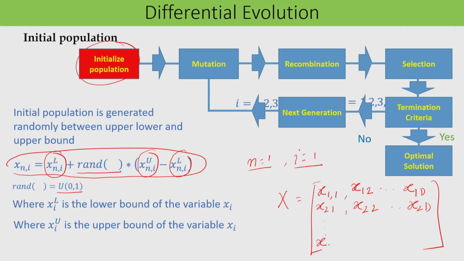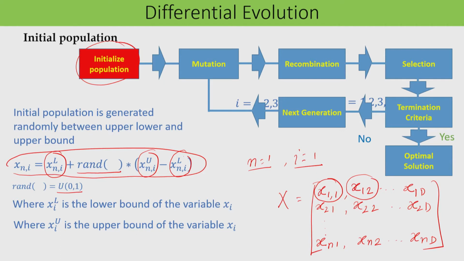Similarly, I can write xn1, xn2 and then xnd. So, n equal to 1, i equal to 1 means I am generating this particular value. Then similarly, n equal to 1, i equal to 2, I will generate this one. Like that I will generate all these values randomly. Once I generate for all n, up to n equal to n, I will get the total population.